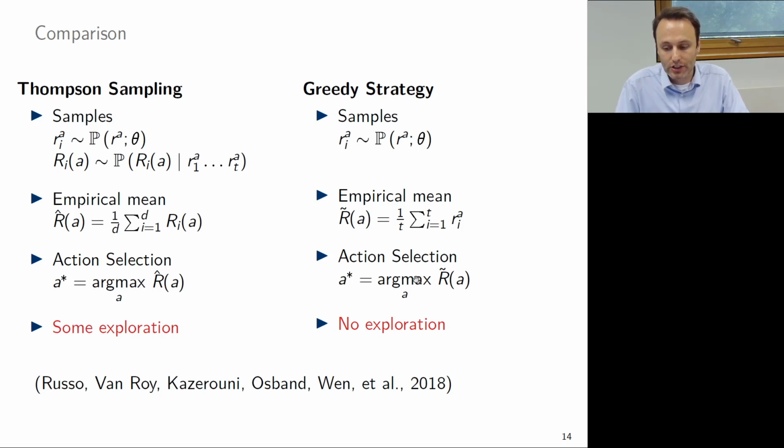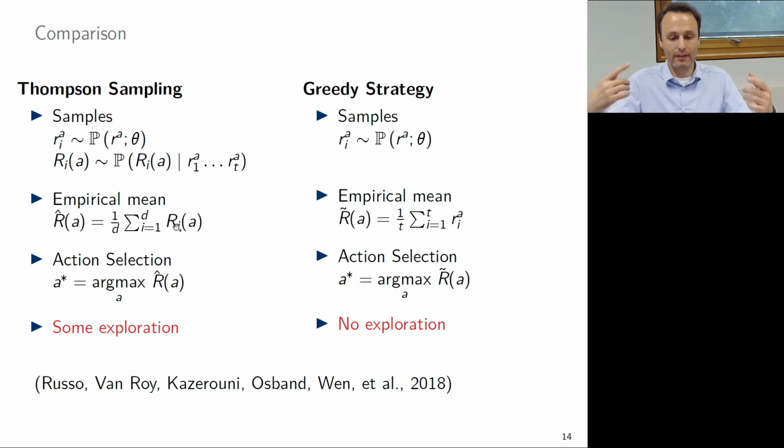So the greedy strategy does not have any exploration because it always only selects the best arm. But Thompson sampling actually does have some exploration because we have seen the distribution is, if it's dispersed, you might draw one average reward at a very high end of the distribution and the next time at a very low.